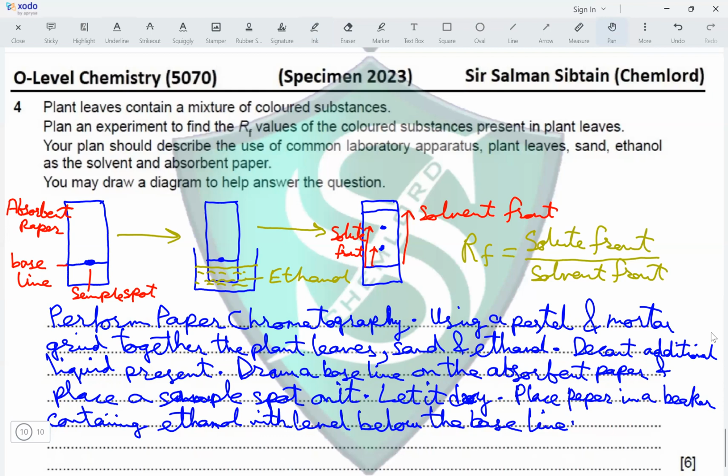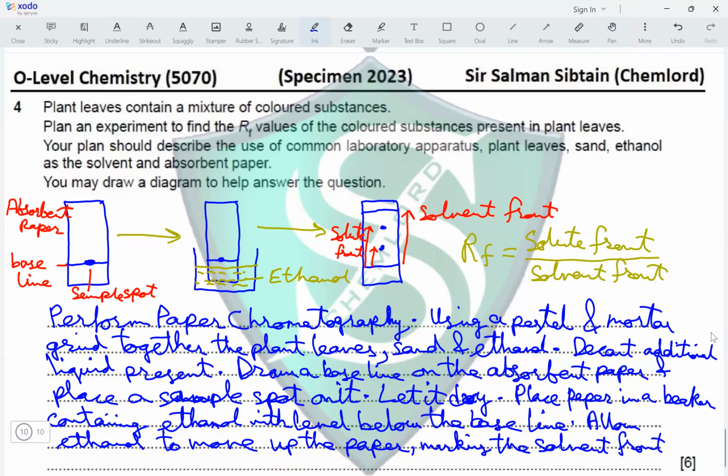Okay. Now what you'll do, allow ethanol to move up the paper, marking the solvent front just before it reaches the top.